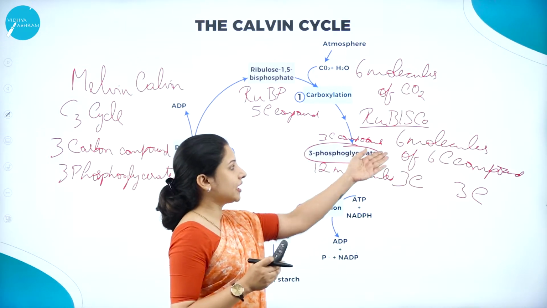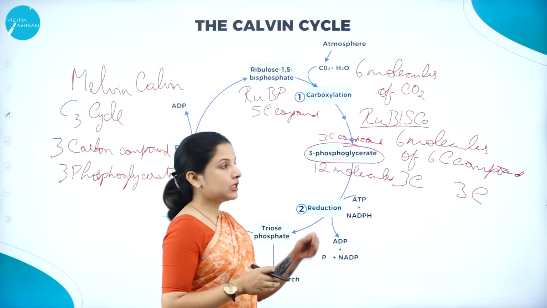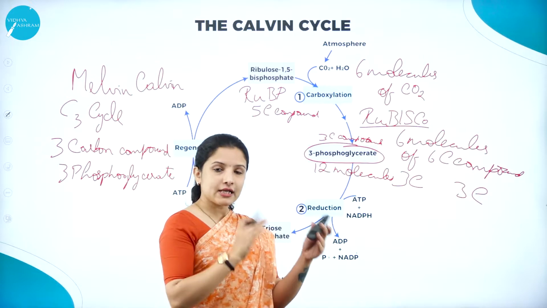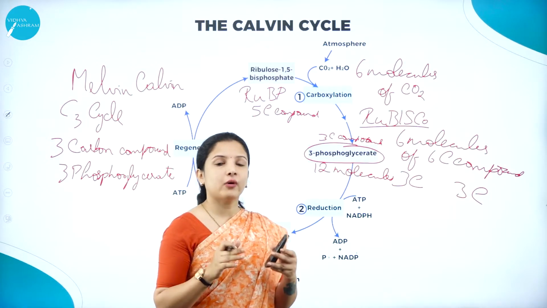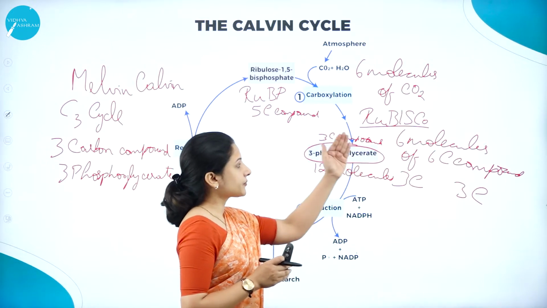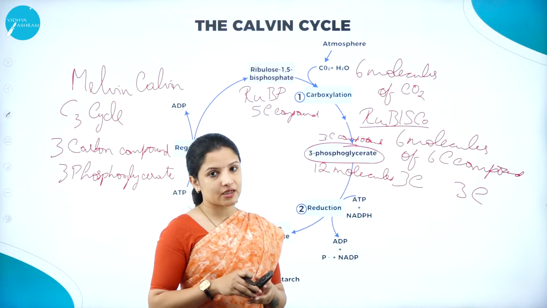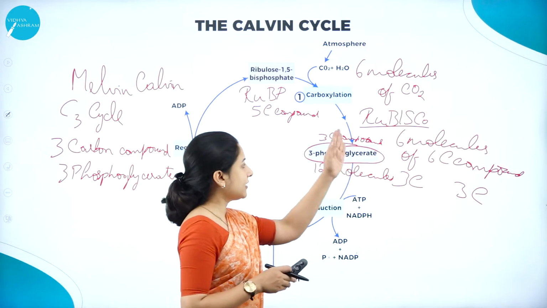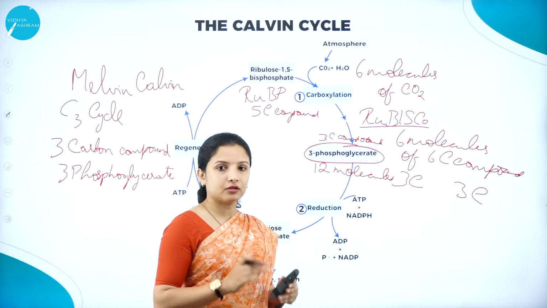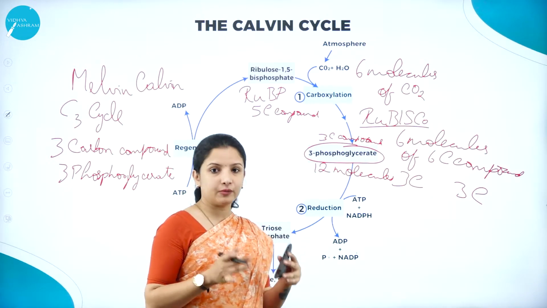Inside the plant, 6 molecules of a 6-carbon compound are formed. Each of these compounds is quite unstable in nature, so they split into 2 molecules of 3-carbon compound, and at the end 12 molecules of 3-phosphoglycerate are formed.